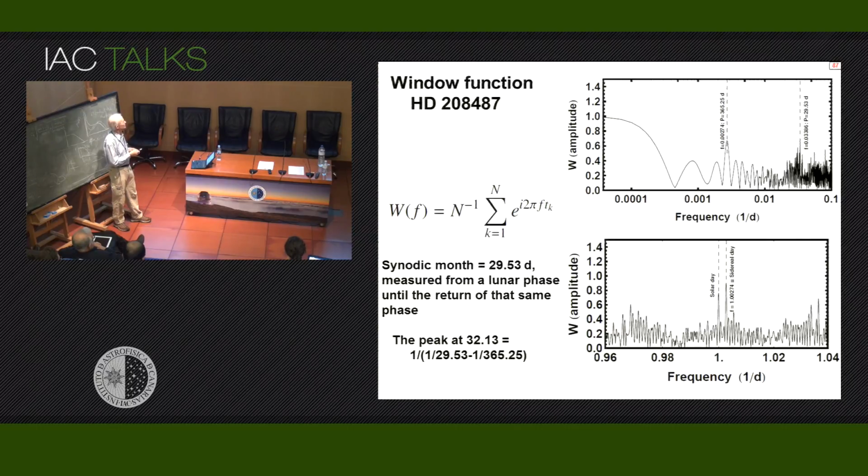Then there's this synodic month peak, which is the other dominant peak. And there is a big peak at 1 day as well, which is not shown on here. But, oh yes, here we are, 1 day. So there's a sidereal day peak and a solar day peak. So those are the dominant peaks.